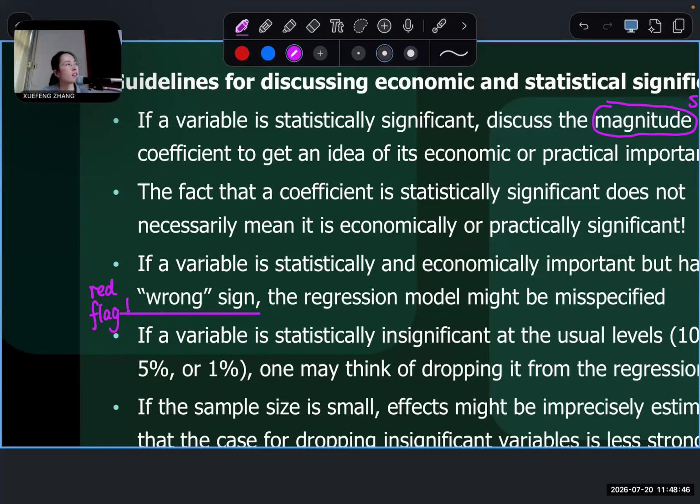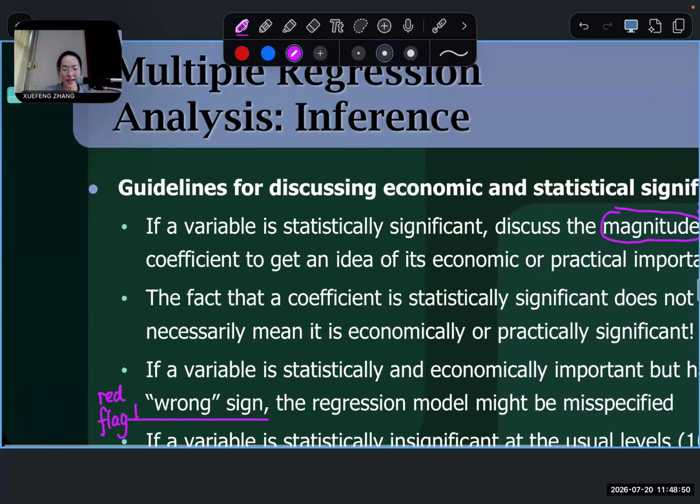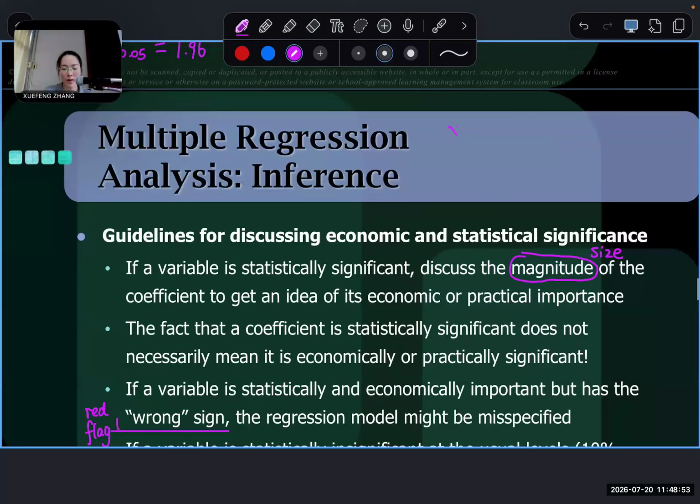Let's see the consumer's expenditure, Y equals beta 0 plus beta 1 price. According to the law of demand, should beta 1 be positive or negative?